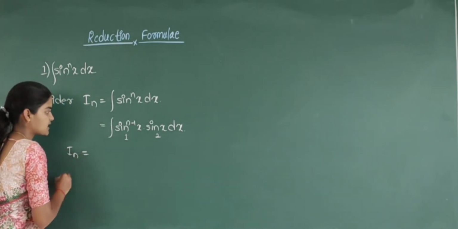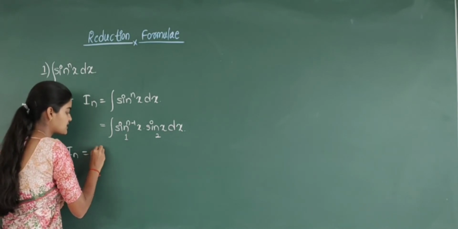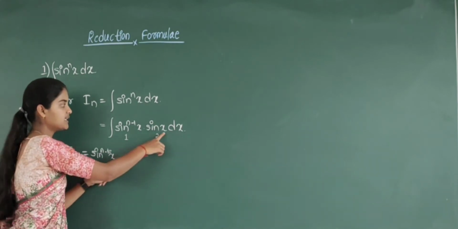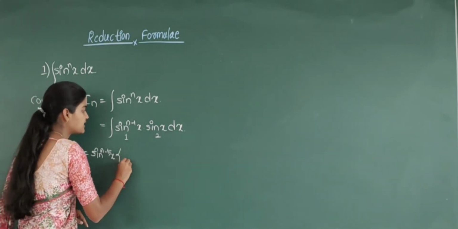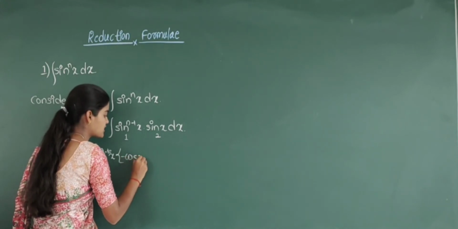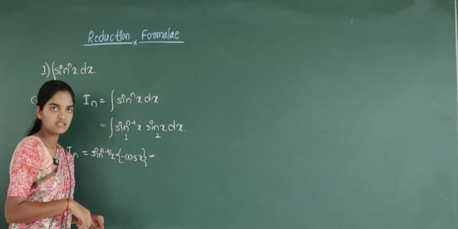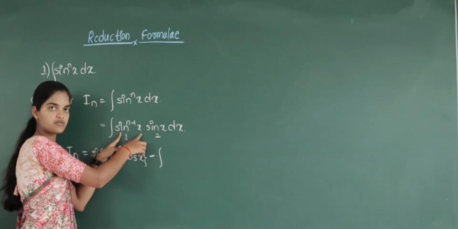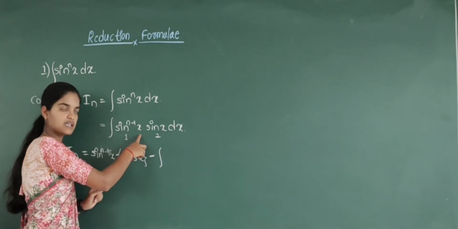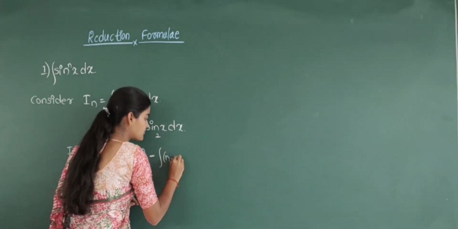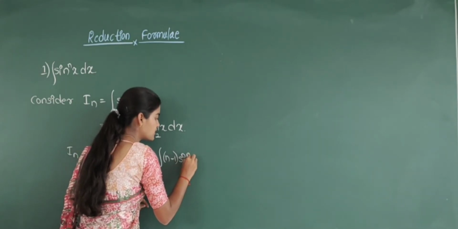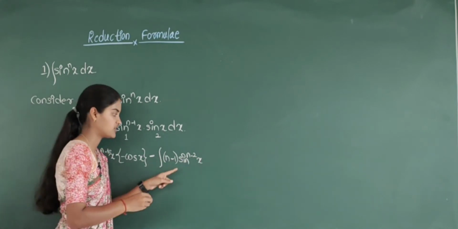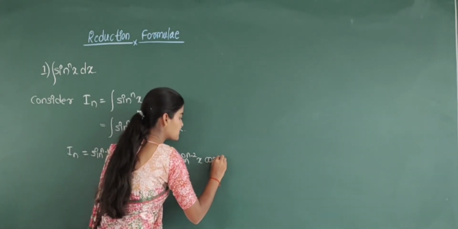Therefore In is equal to: first function as it is, that is sine raised to n minus 1 x, then the integration of the second function; the integration of sine x, we know, is minus cos x. Then minus the integration of the differentiation of the first function: the differentiation of sine raised to n minus 1 x is n minus 1 into sine raised to n minus 2 x, and again into the differentiation of sine x, which is cos x.